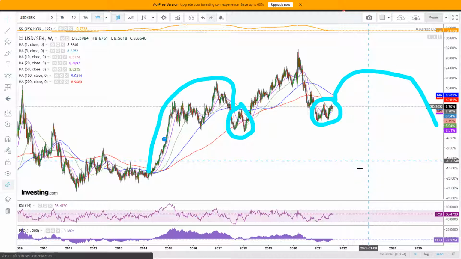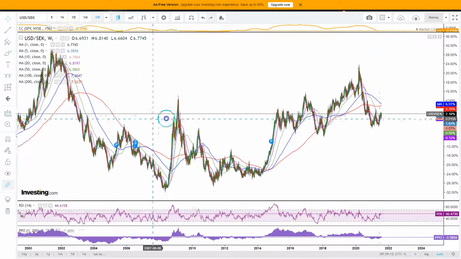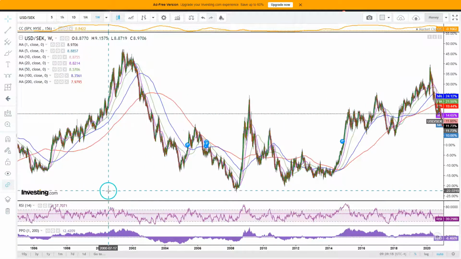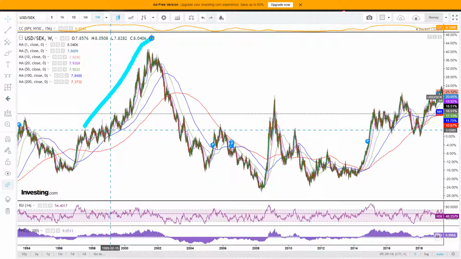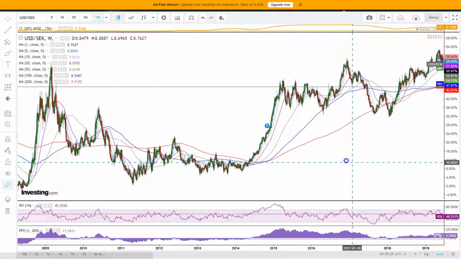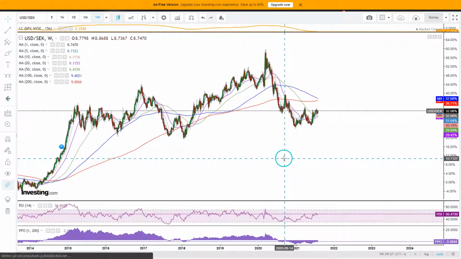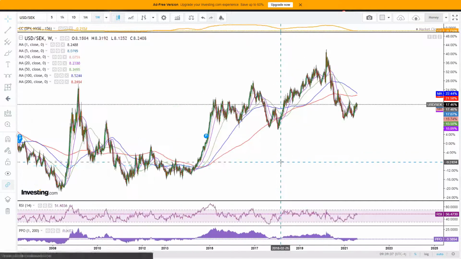So the symmetry is interesting because if we look further back as well, we do see that there is a tendency for symmetry here in this pair. You see that you have this rally, then you have a sell-off. So even though, of course, perfect symmetry wouldn't make sense, because behind the chart there's real politics, real economics that is very dynamic and changes.